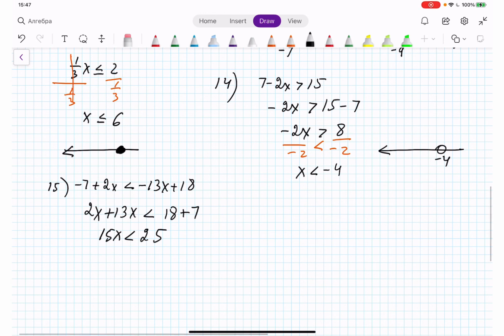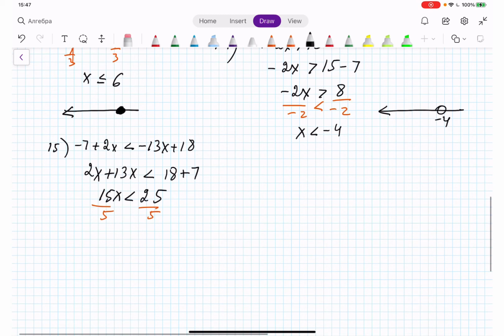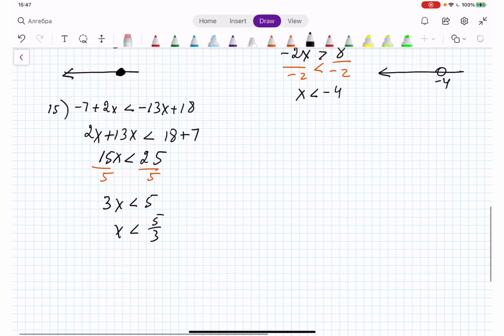And we divide by 5, right? Because we divide by a positive number, it doesn't affect the sign of inequality. So it's going to be 3x less than 5, x is less than 5 over 3. If we draw the number on the line, the equal sign is missing. This is 5 over 3 and x is less than. Okay? Number 16.